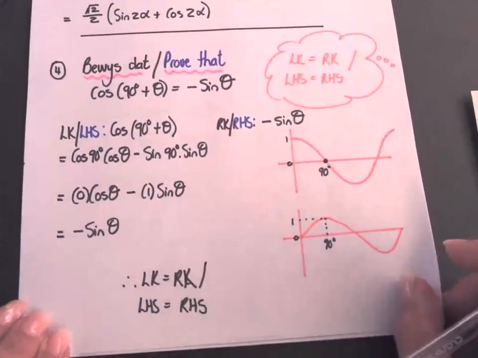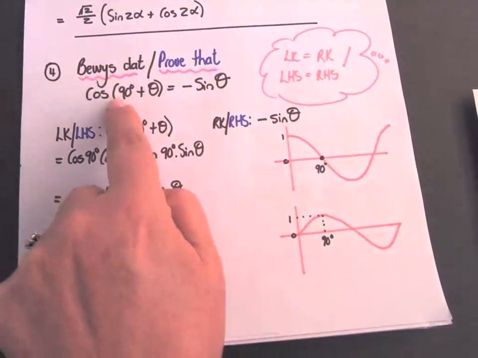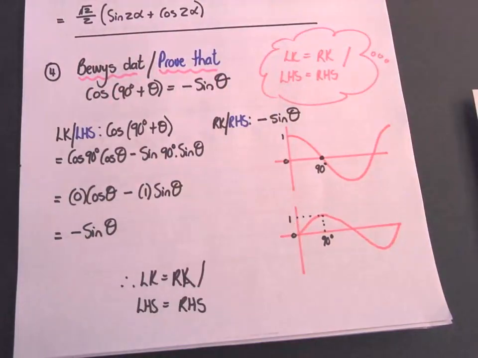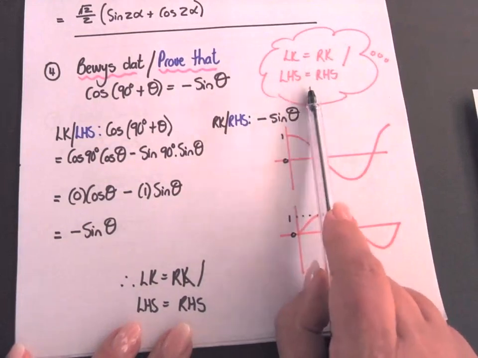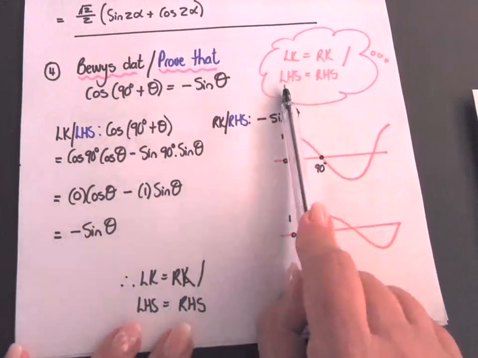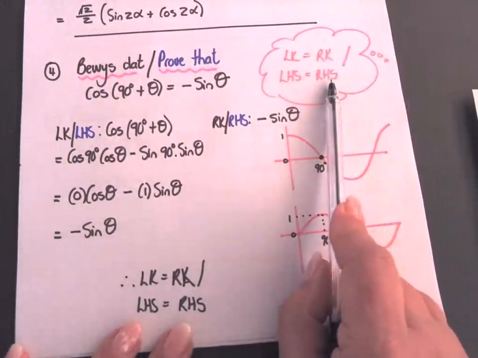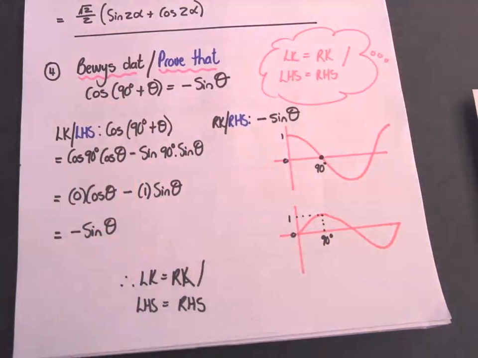The next example is proof. Prove that this equals that. If you ever get a sum that says prove, remember it's left hand side equals right hand side. So you have to start either with left hand side or with right hand side or with both and work downwards.